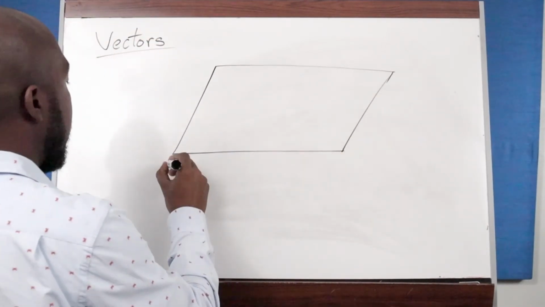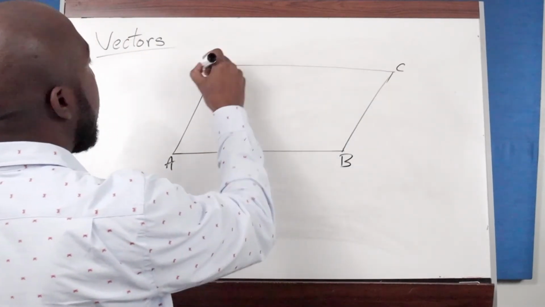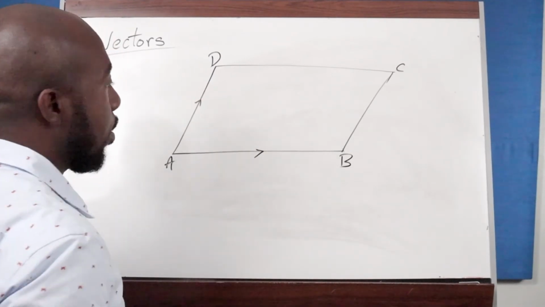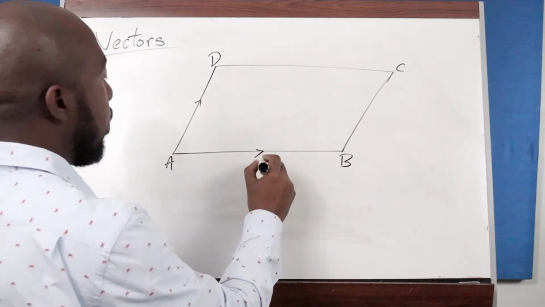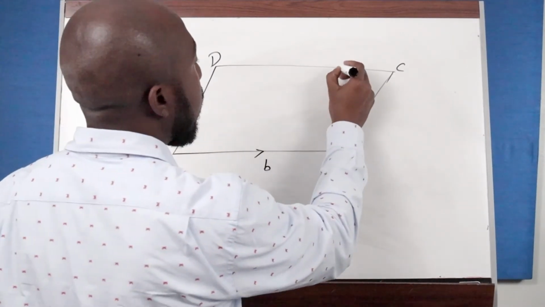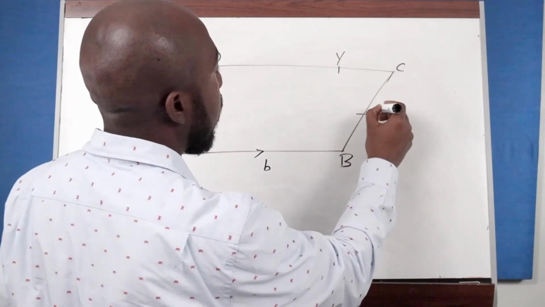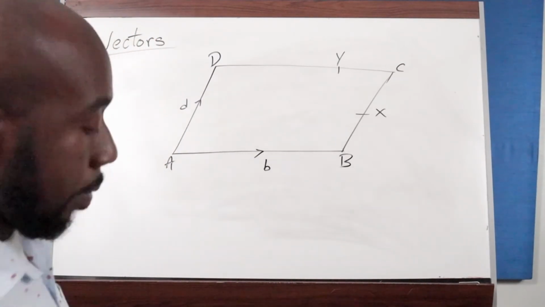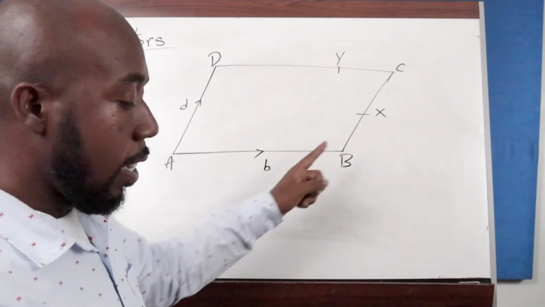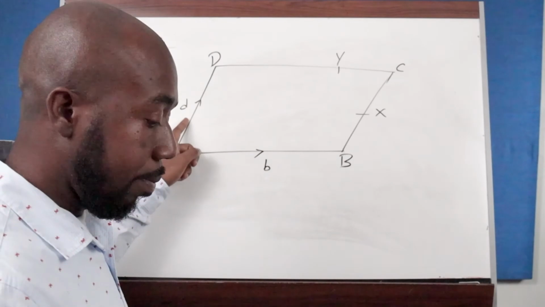We have A, B, C, and D. This question says, in the parallelogram shown, AB is equal to b, this is bold, this is a vector, and AD is equal to d.